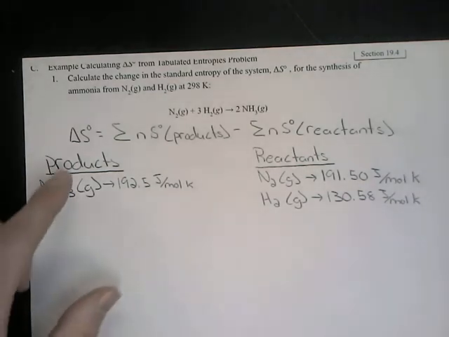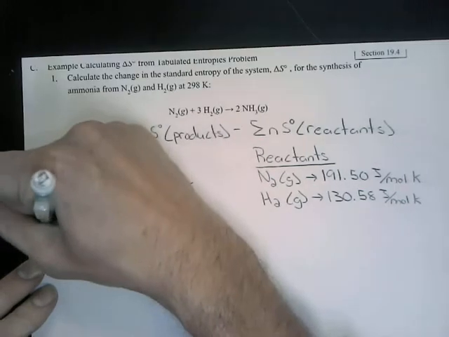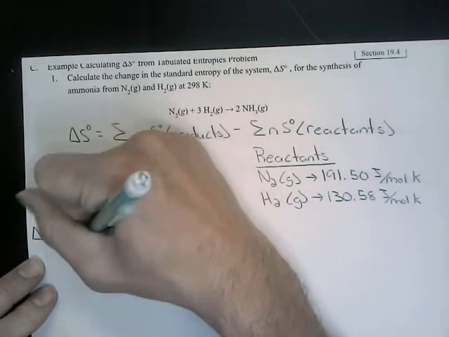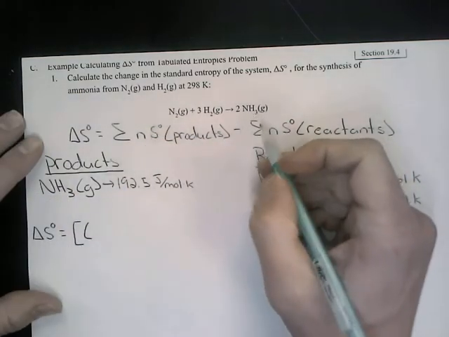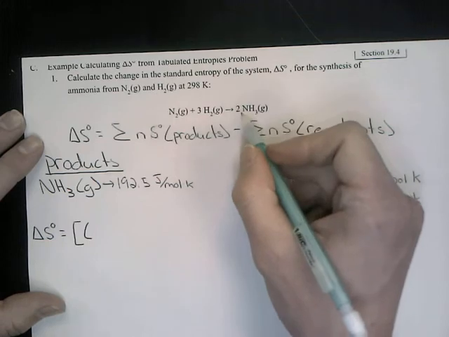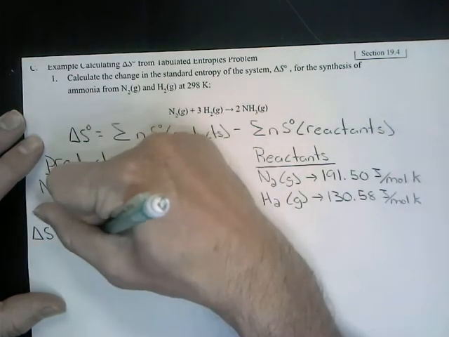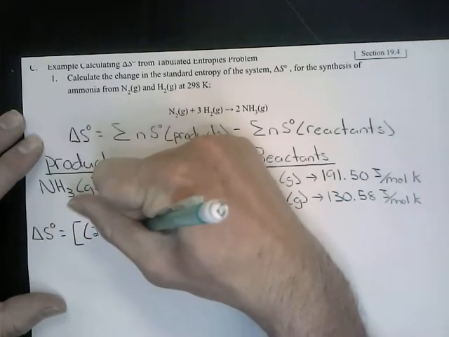Okay? Now, we need to plug this into our formula here. And we're going to take some space here. So delta S, we start out with our products. We only have one product, and that is NH3. The number of moles is equivalent to our 2 out in front, so we get 2 moles of NH3.